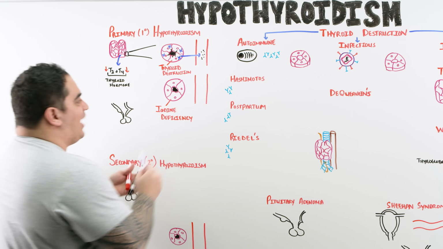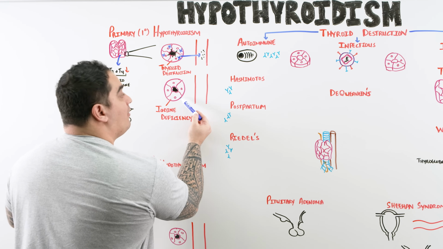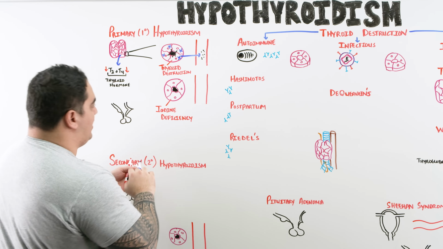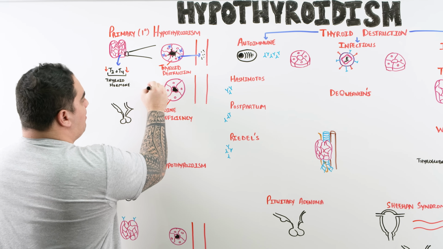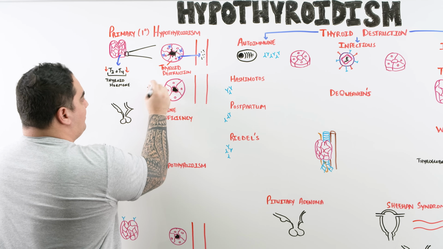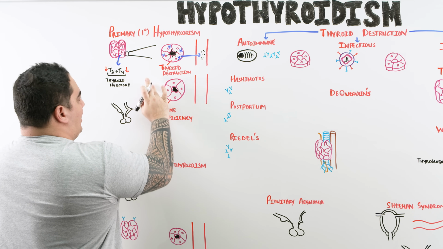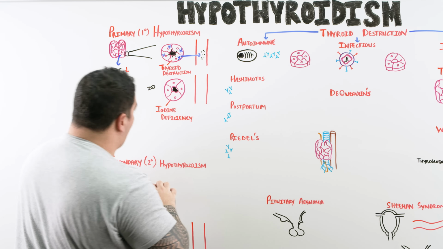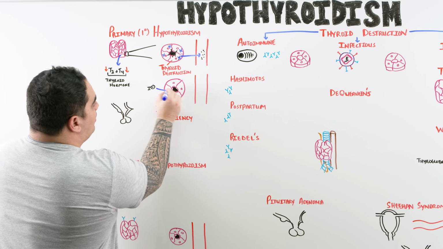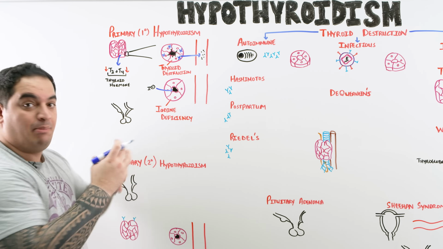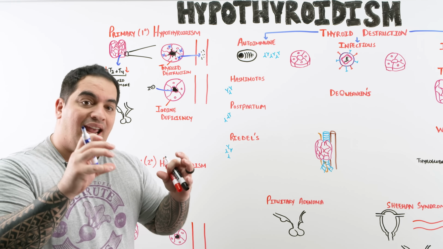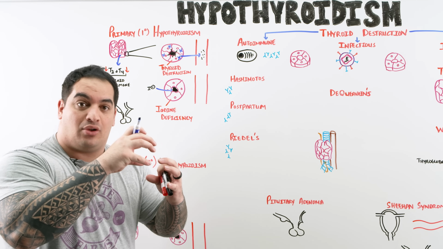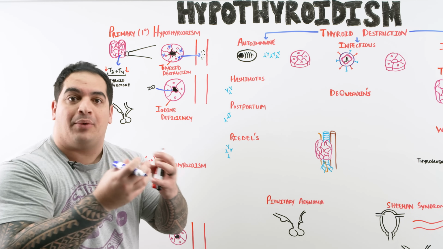So let's say that these thyroid follicular cells are intact. They're fine. But the problem is that you're supposed to take a molecule called iodine, right? And iodine gets taken up and utilized and binds to thyroglobulin, which is those bunches of amino acids. When you take the thyroglobulin and combine it with the iodine, you'll make thyroid hormone.